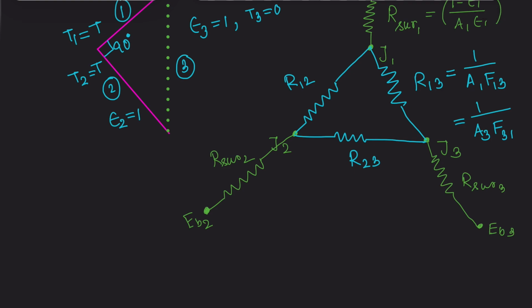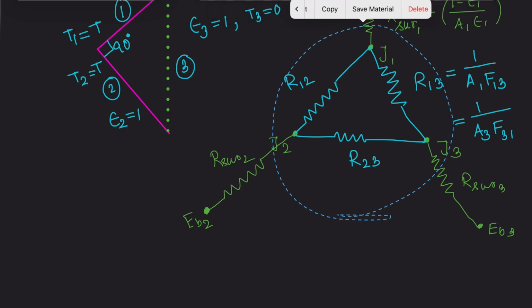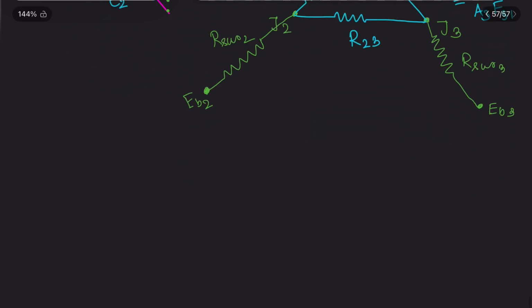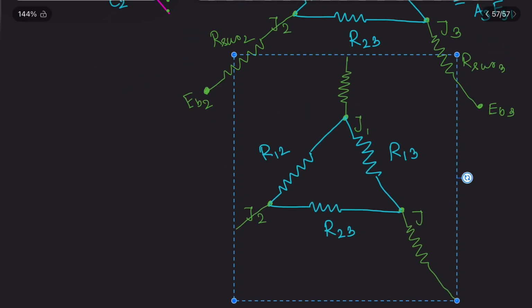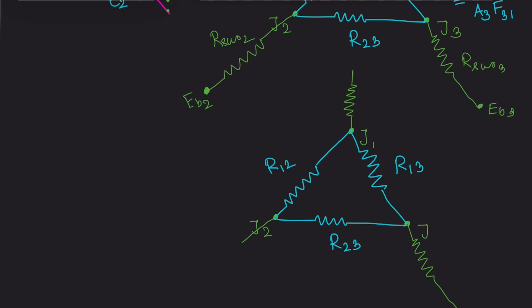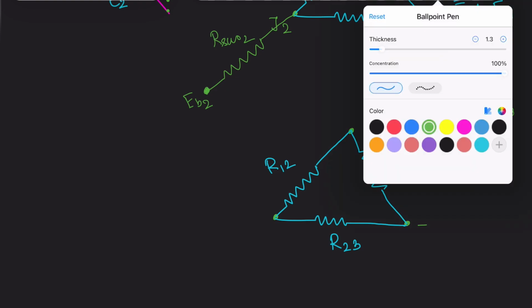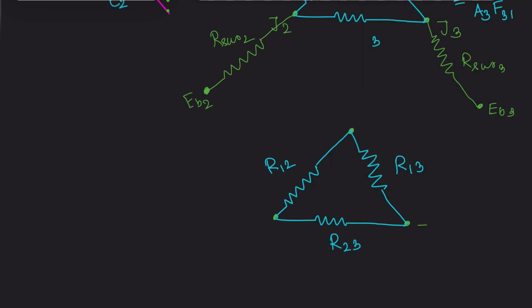So what you need to do is just remove this. I will just copy this part and paste here. So you need to draw something like this. So this will be EB1, EB2 and EB3.